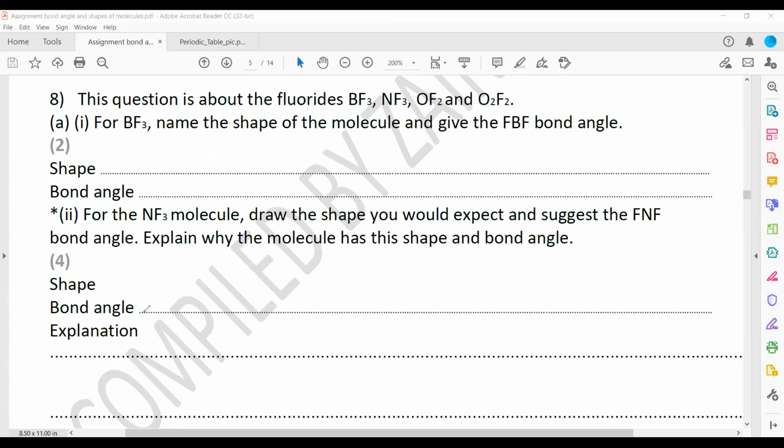So the shape we already drew. And what about the bond angle? 3 bond pairs, 1 lone pair, it will be 107 degrees.